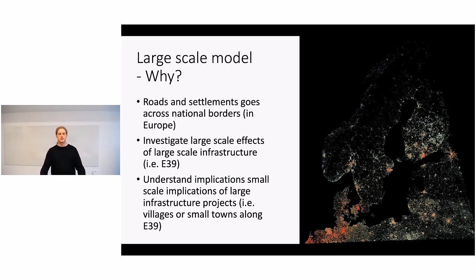And also to understand these large-scale infrastructure projects, how they affect the urban development, because the E39 is a very huge infrastructure project. I mean, if you look at this picture, it will stretch along a long coastline.